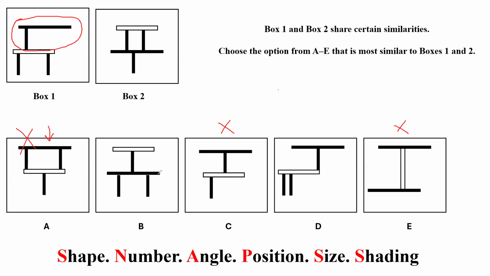B has a black line, but it's got two legs and not one leg, so it can't be that one. If we go to D, it has a black line and it has one leg, so it's looking good. But also let's check the white rectangle. The white rectangle has two legs here and two legs over here, and in D our white rectangle also has two legs. So it agrees with the rules of box 1 and box 2, so it must be D.